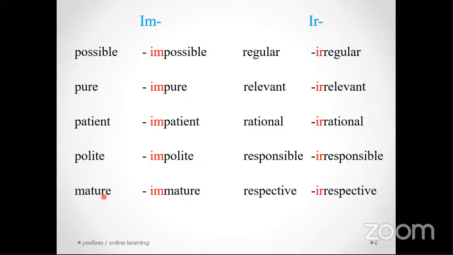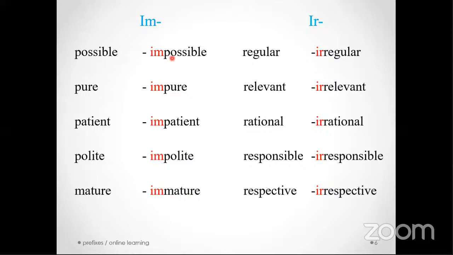Next one, mature. Mature means parinata. Muhukuragiya කියන තේරුමයි තියෙන්නේ. And the opposite word is immature, parinata no. Right? All these opposite words, you can see where the prefix is.